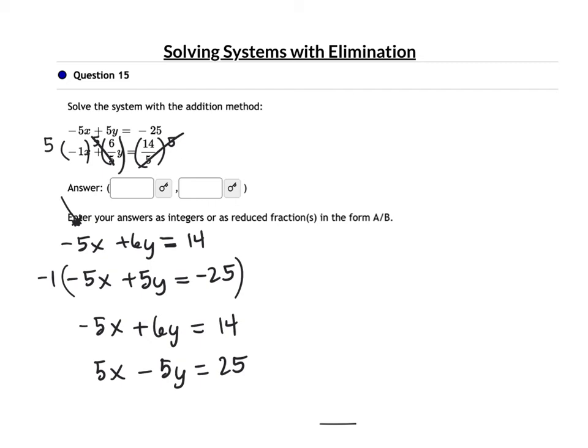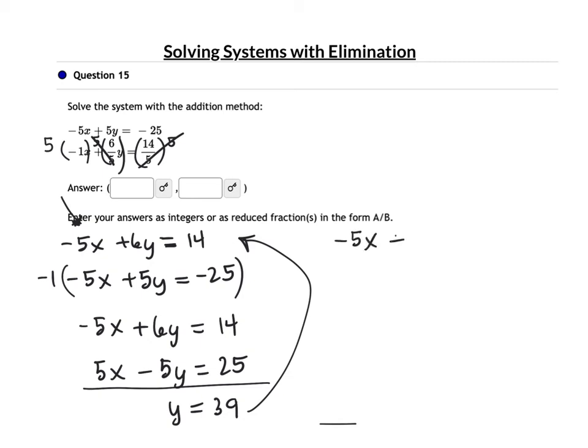All right, we will add, and we get y equals 39. Take that and plug it back in one of the equations, any one you want. I'm going to use that one. Negative 5x plus 6y equals 14.